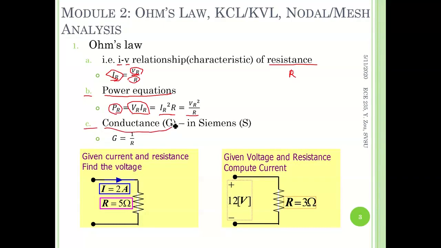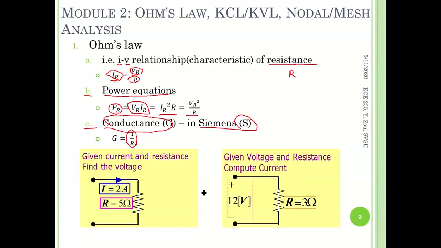There's another new term we need to learn, called conductance, represented by letter G in unit of Siemens, S. It is the reciprocal of the resistance value. So you can imagine the power of a resistance could equal the current squared divided by conductance, or equal the voltage across squared times the conductance.